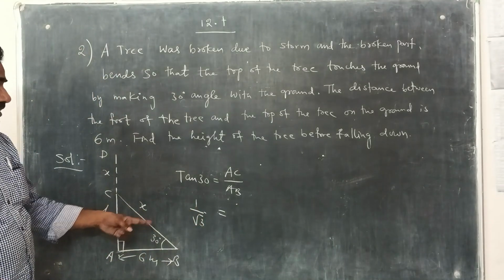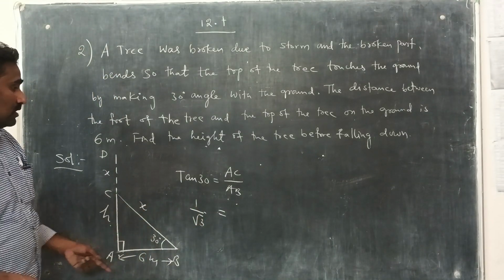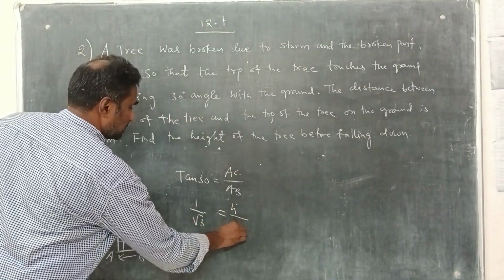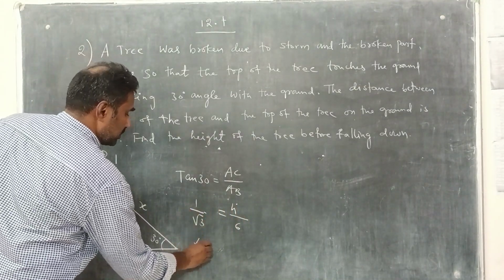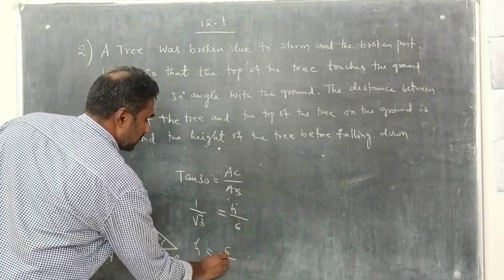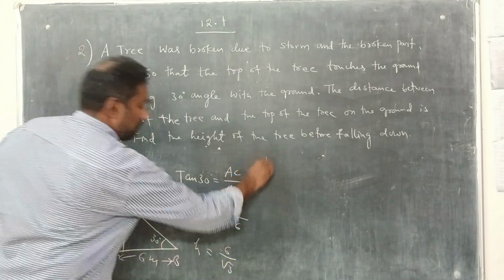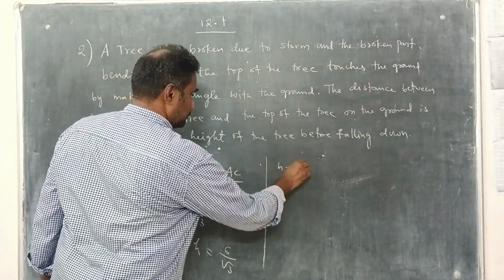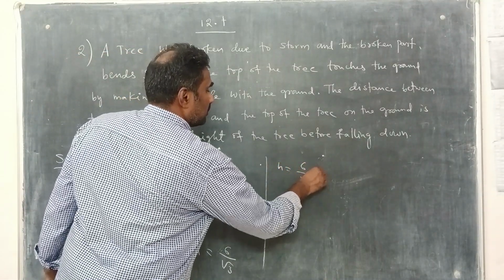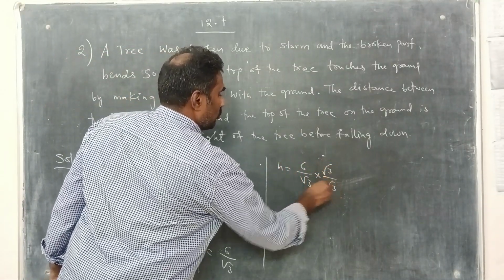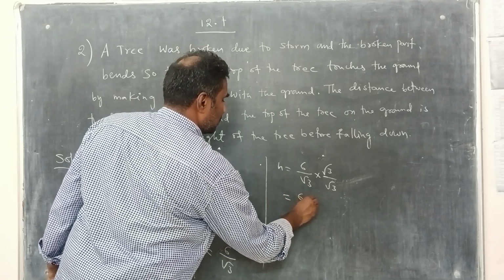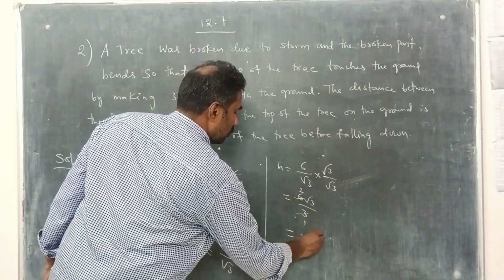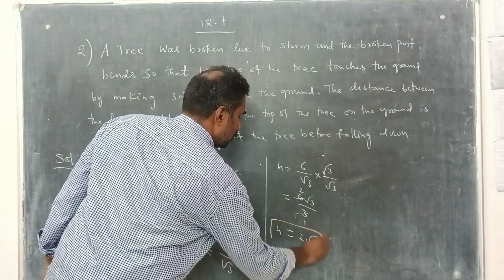We know the value of tan 30 is 1 by root 3. AC is H and AB is 6. So H is equal to 6 by root 3. Here root 3 is irrational, so to rationalize it, H is equal to 6 by root 3 into root 3 by root 3, which gives 6 root 3 by 3. So H is 2 root 3.